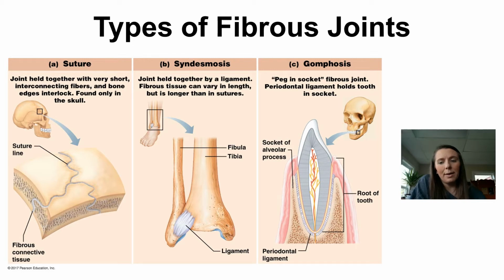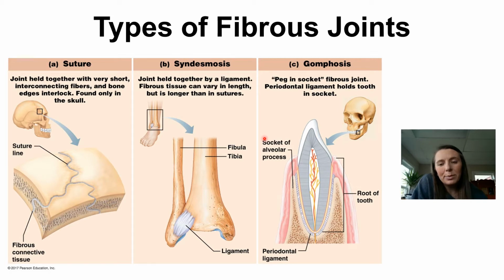So this slide is just showing you the exact same things that I just explained. So again, sutures are joints that are held together with really short interconnecting fibers, and they're only found on the skull. Remember, syndesmoses are when joints are held together either by a ligament or an interosseous membrane.